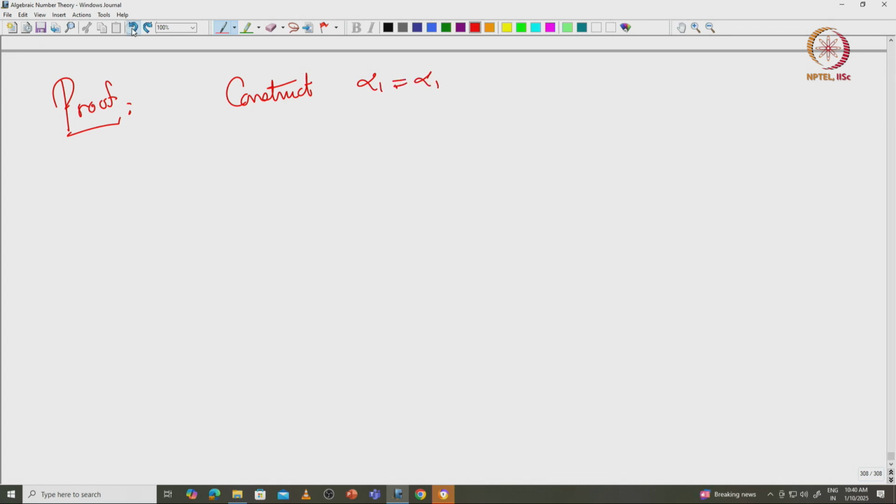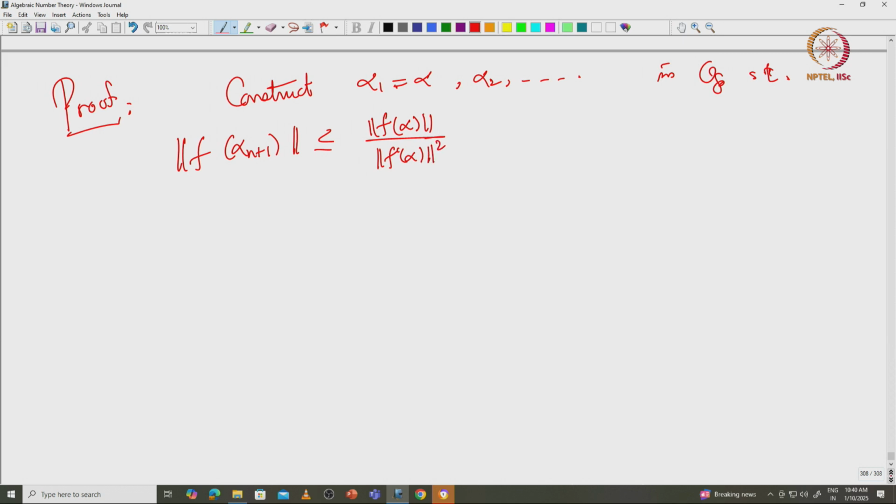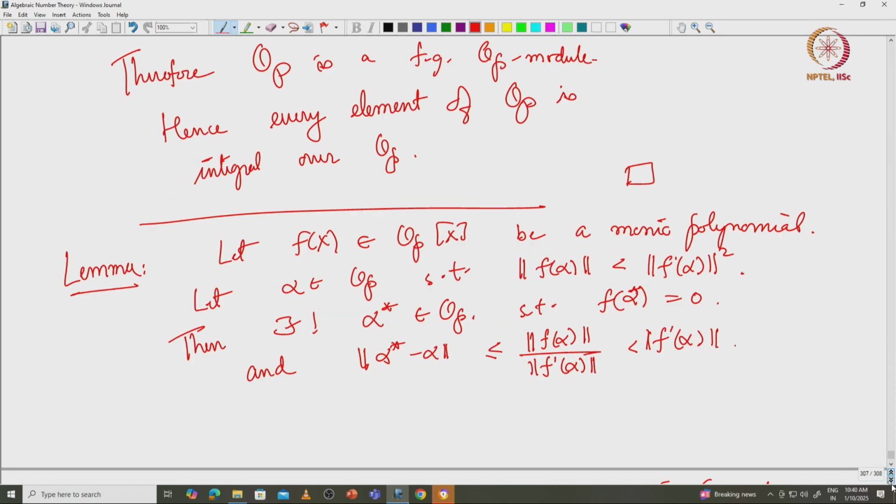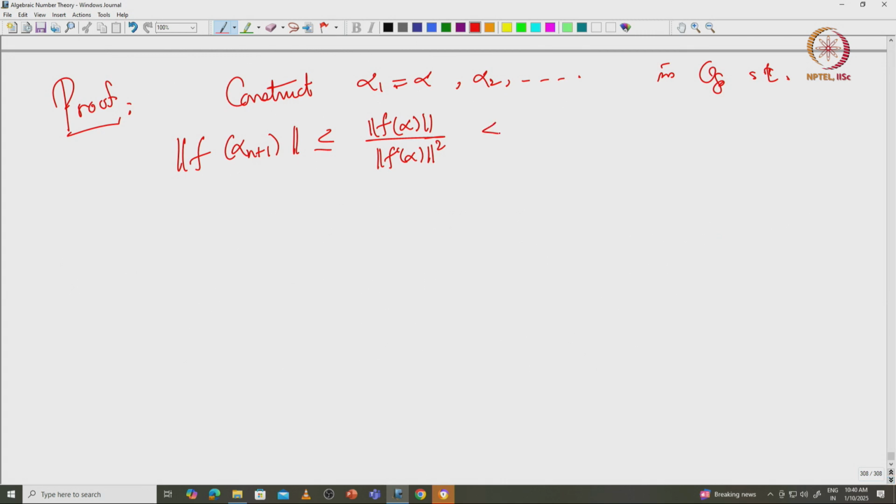So, you start with alpha, alpha 2, etc. in O_P such that the following holds: the valuation of f of alpha n plus 1 is less than or equal to the valuation of f of alpha divided by the valuation of f prime of alpha, times the valuation of f of alpha n, and this is strictly less than the valuation of f of alpha n.